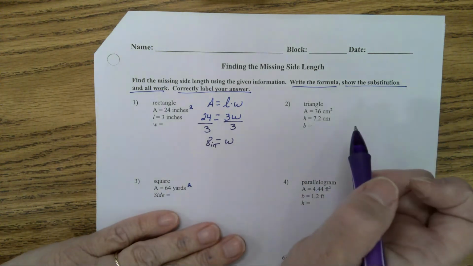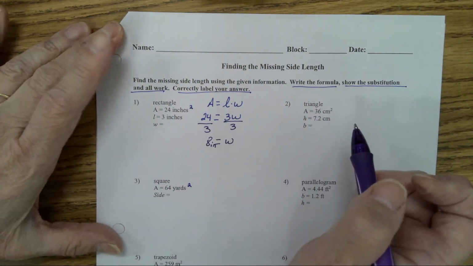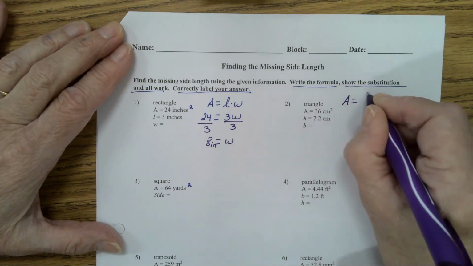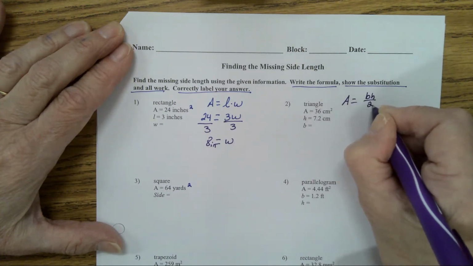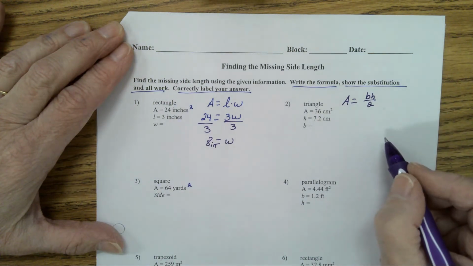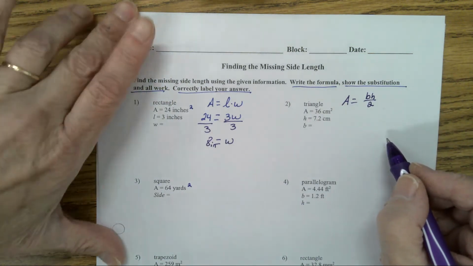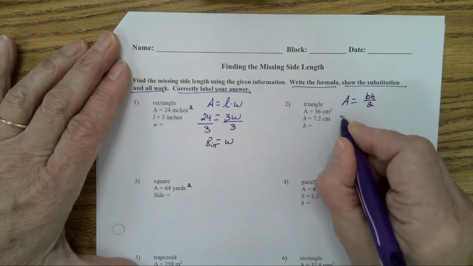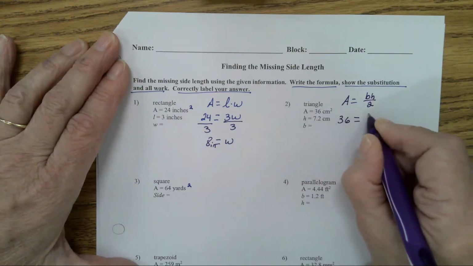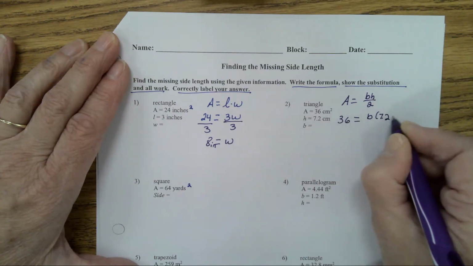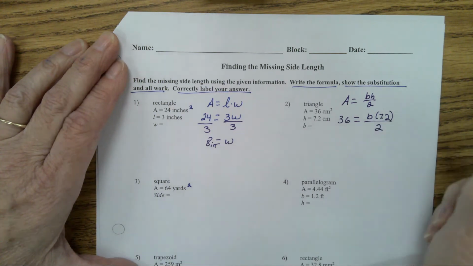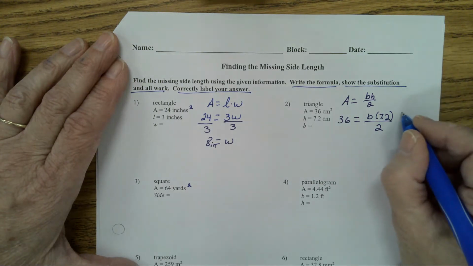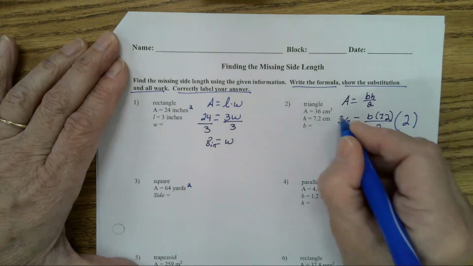Now let's do one with the triangle. In the triangle, the formula is area equals base times height divided by 2. Using this formula is more friendly for equations than the other formula also. So here we have the substitution. Replace A with 36 equals B times 7.2 divided by 2. Right, kids? Now you have to solve your equation. Multiply both sides by 2.